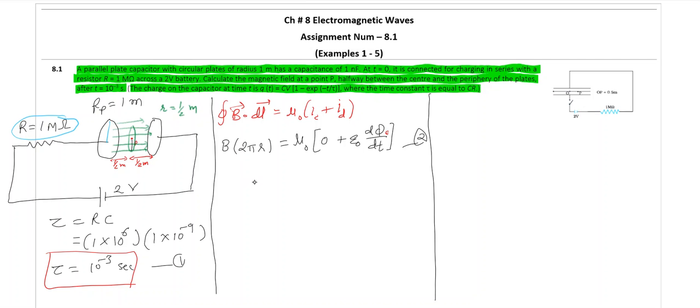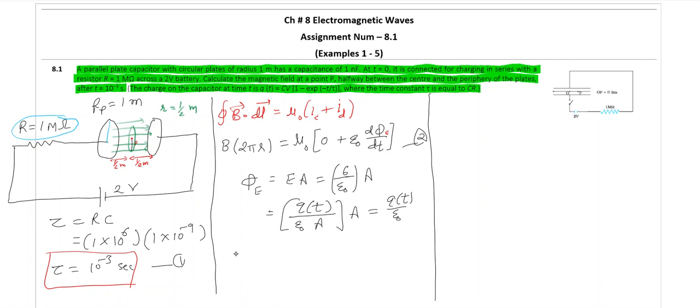We know that the electric flux phi can be given as E dot A. The electric field between two plates is sigma by epsilon 0, and sigma is charge upon area. As charge is a function of time, I will write q of t upon epsilon 0 A, multiplied by A. Ultimately what we get is q of t by epsilon 0.